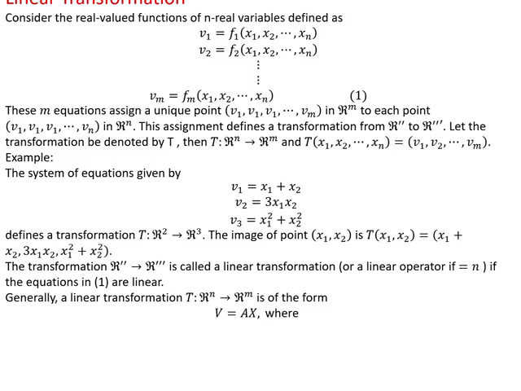This is the real valued function v1 equals f1 of x1, x2 up to xn. Then v2 equals f2 of x1, x2 up to xn. And you continue that way, you also have vn equals fn of x1, x2 up to xn.